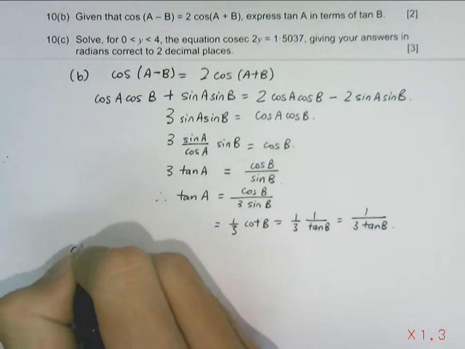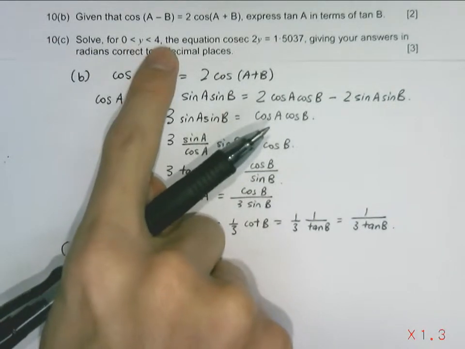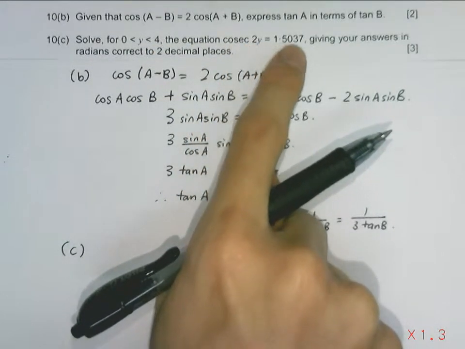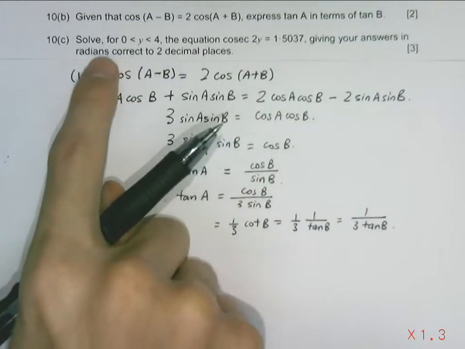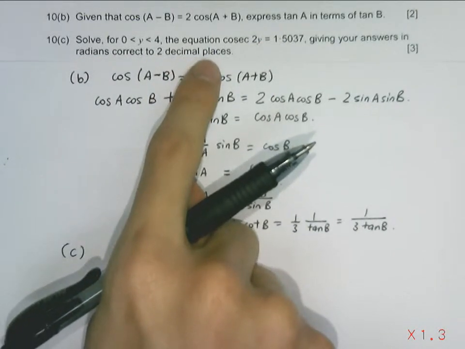Part C asks us to solve for y between 0 and 4 this equation, cosecant 2y equals to 1.5037, giving our answers in radians, correct to 2 decimal places.